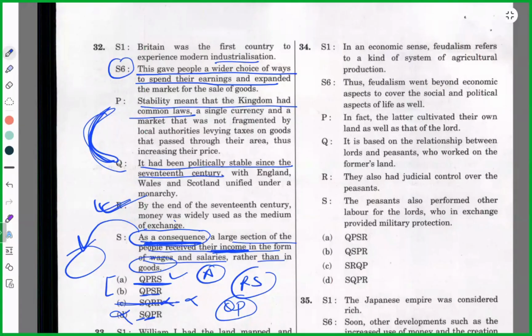Done? Easy one? Yes, sir. Okay. All of you done? Answers, guys. First. B. Okay, B. Then what about others? Fast.